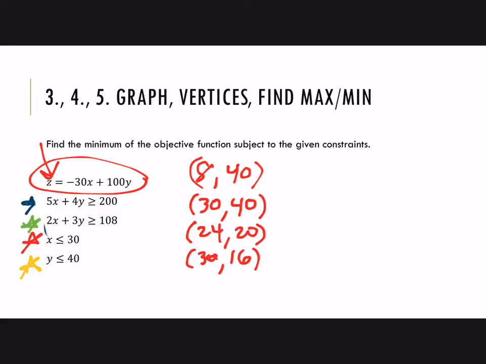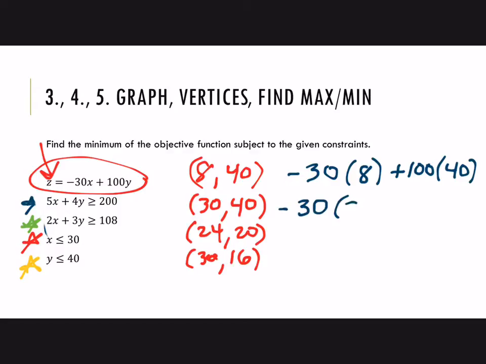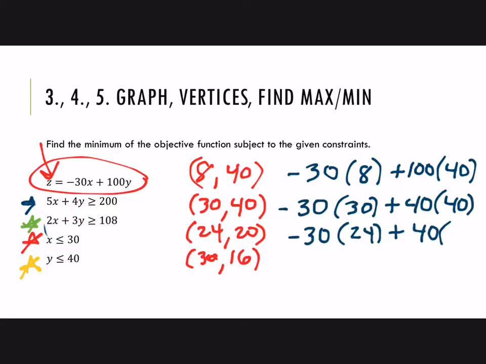So I have z equals negative 30, and I'm going to plug in 8 for x and 40 for y. Okay, and then just go through and do the same thing, substituting in all of these different x and y values. Okay, and so forth. And then go ahead and work these out, and let me just skip forward and I'll write out what the answers are for z in just a second.